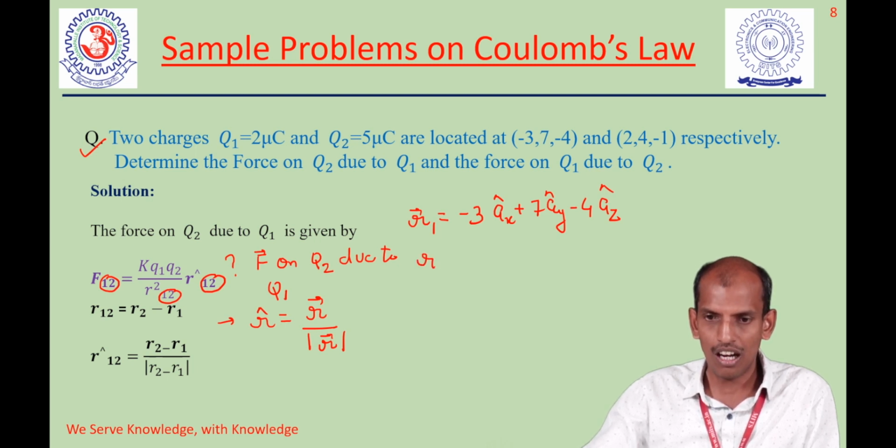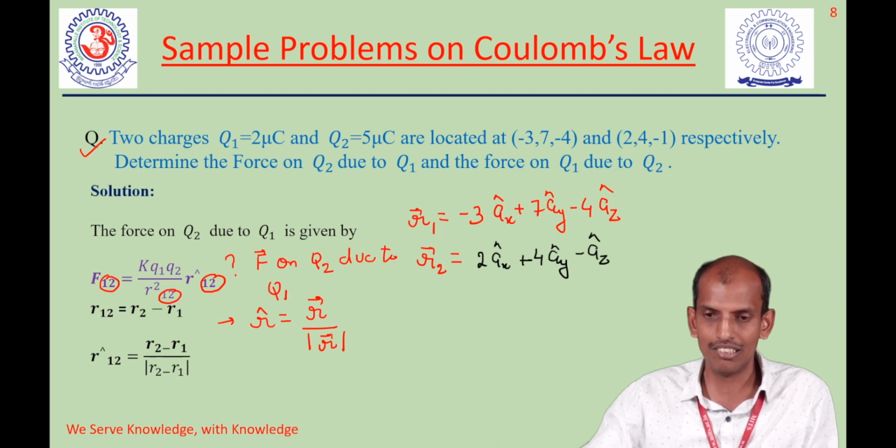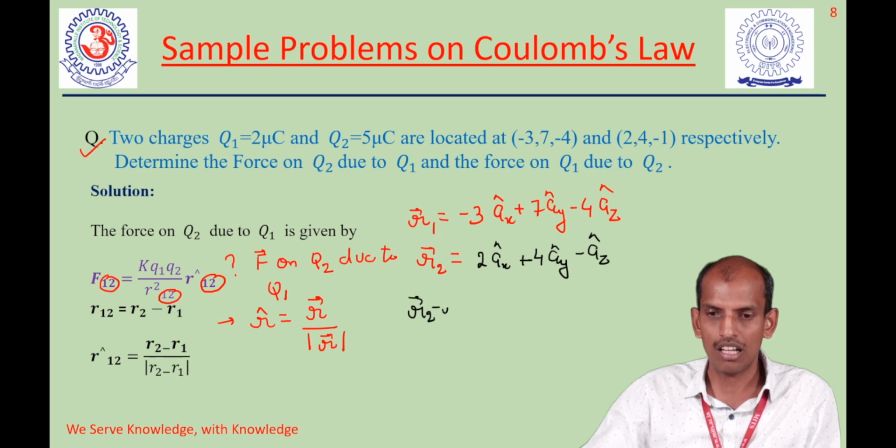Similarly, for R2, one can write 2 ax hat plus 4 ay hat minus az hat. Then one can find R2 minus R1, which is pretty easy.